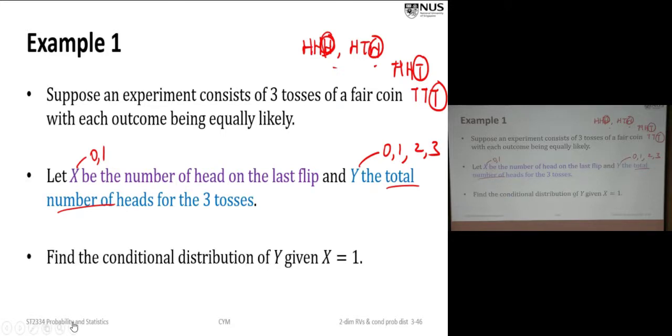So find the conditional distribution of y given x equal to 1. In other words, if we know that x equal to 1 means that the last flip is a head, then how does this random variable y behave? I want to know how y behaves.